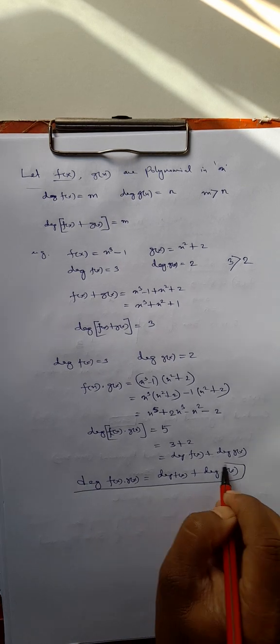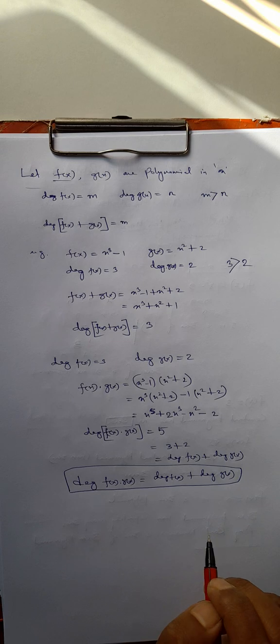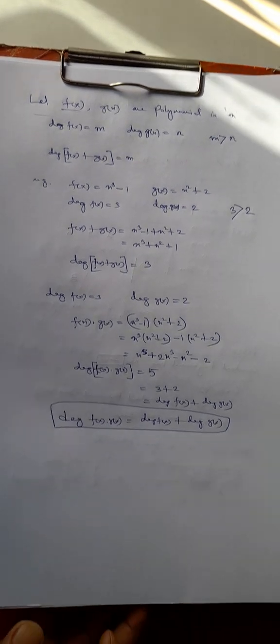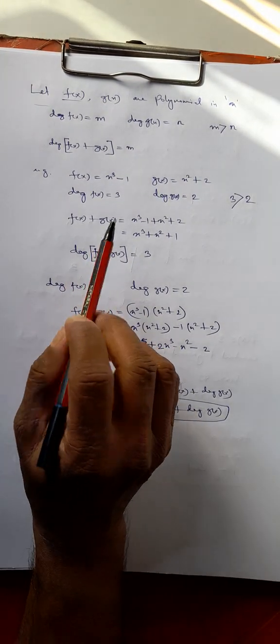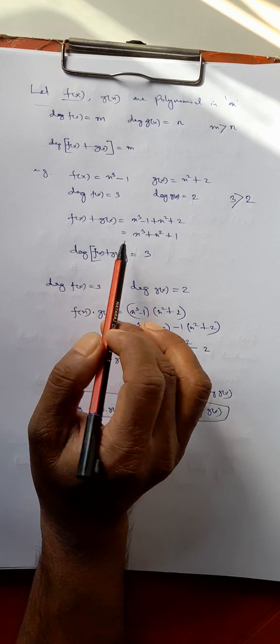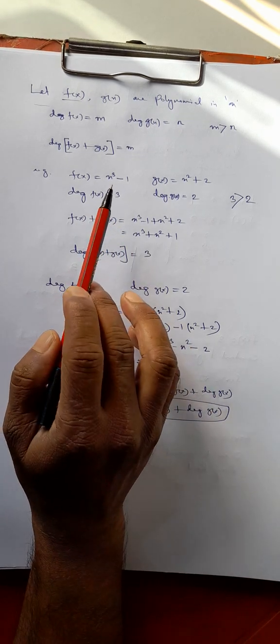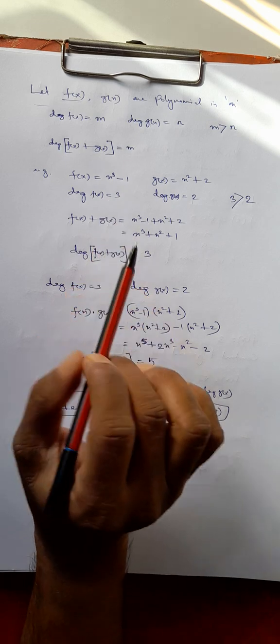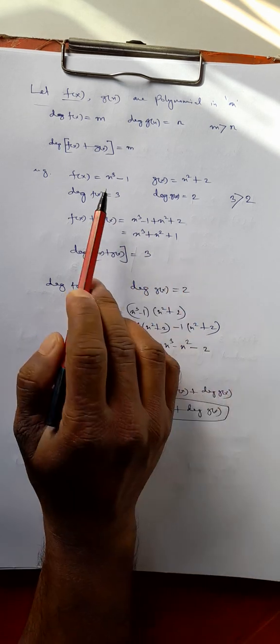This is also one property discussed. Whereas in case of the sum of two polynomials, the degree will be the degree of the polynomial with larger degree, right?